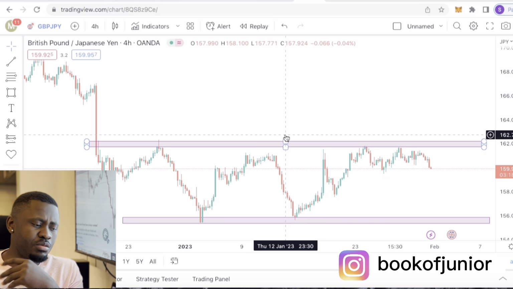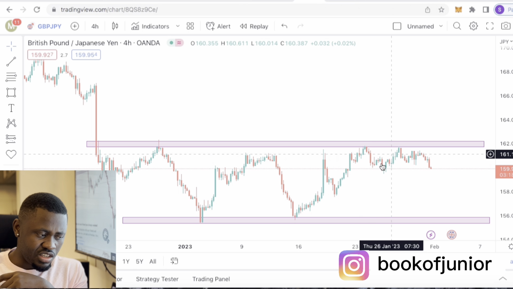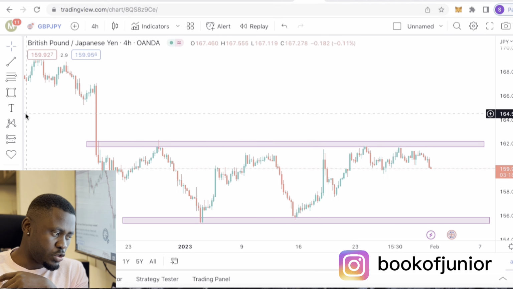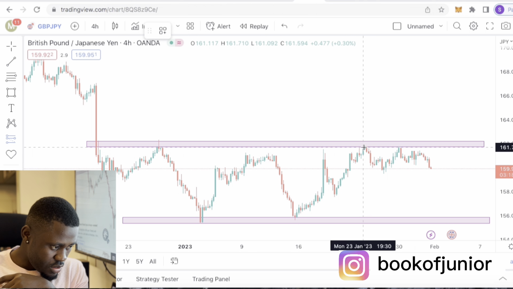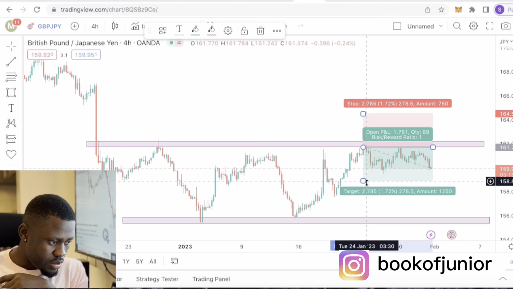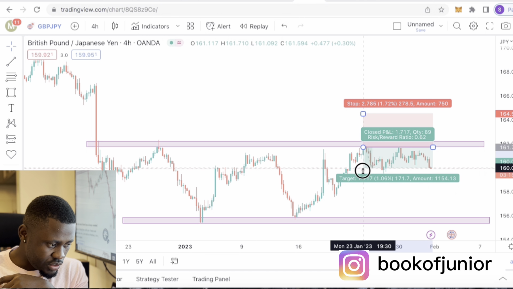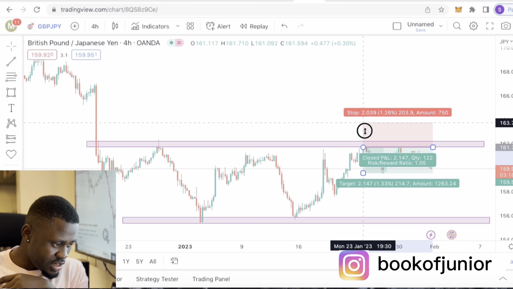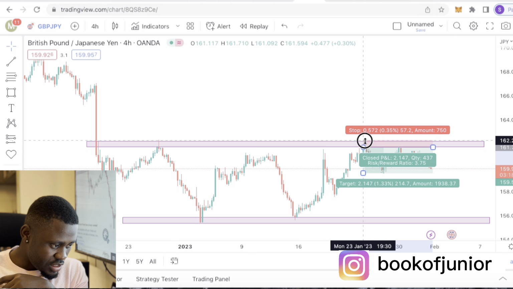How much would we be making? Mostly on these last trades, since they didn't come up to down here. But let's see how much we would be making. Let's say price reached here, and we're only risking just that.